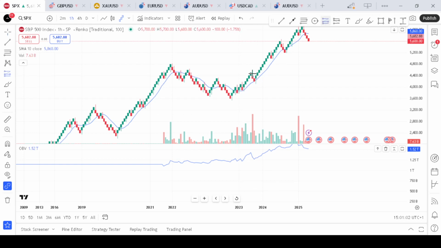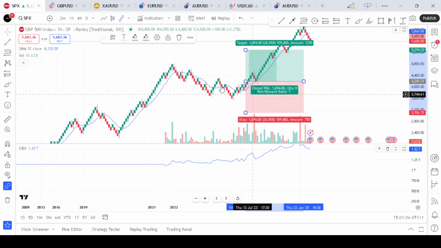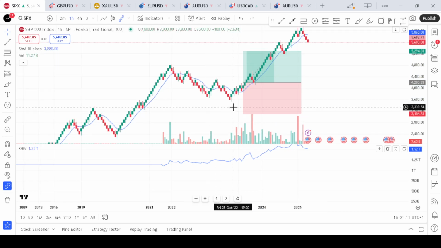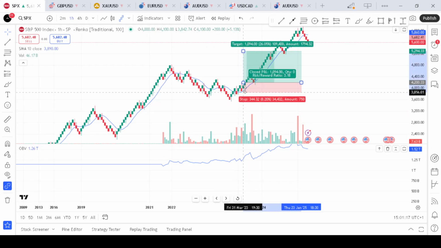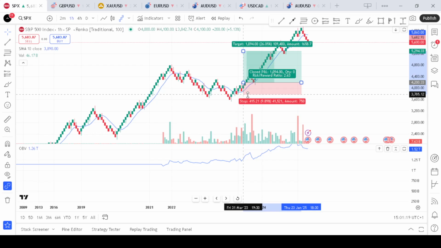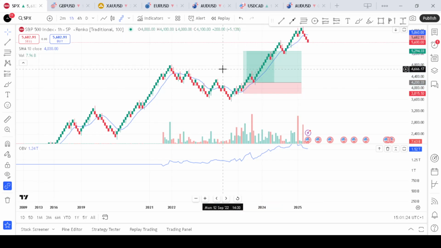So we would enter a long position after we have seen the formation of two bricks. This is where we enter our long trade, and we put our stop loss two bricks below our entry, exactly below those two bricks. This is where we set our stop loss, just below the two consecutive bricks.